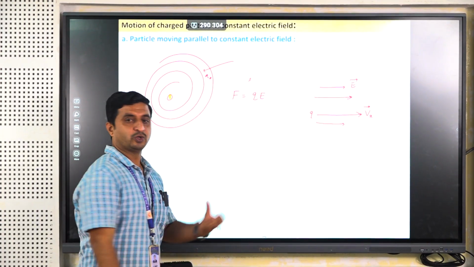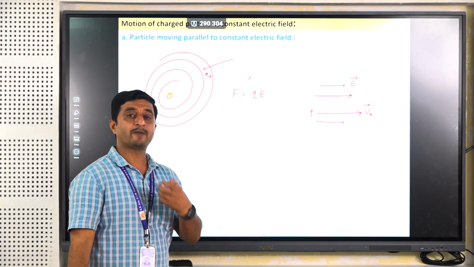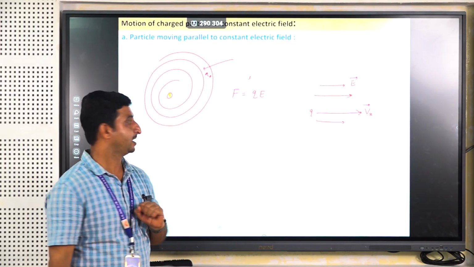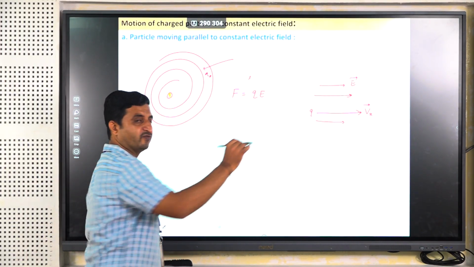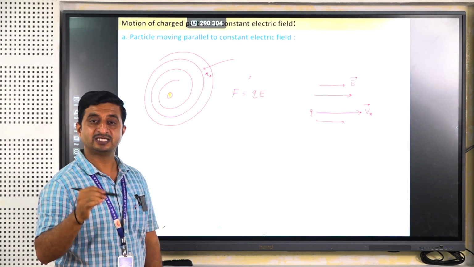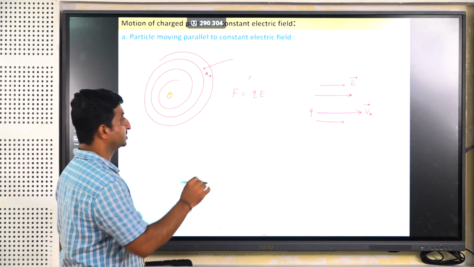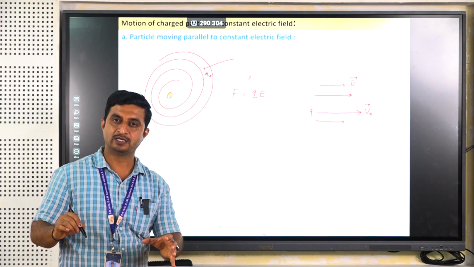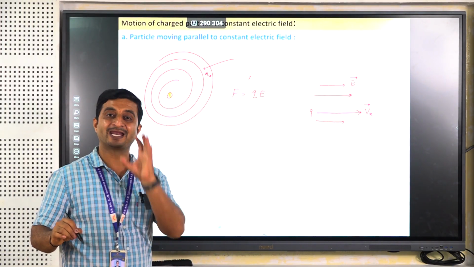According to Newton's second law, when we apply a force on any particle, this particle gets accelerated. When this electric force acts on the charged particle, it gets accelerated and its velocity changes. So we have to discuss in this topic what is the trajectory of the charged particle which is moving in a parallel electric field.